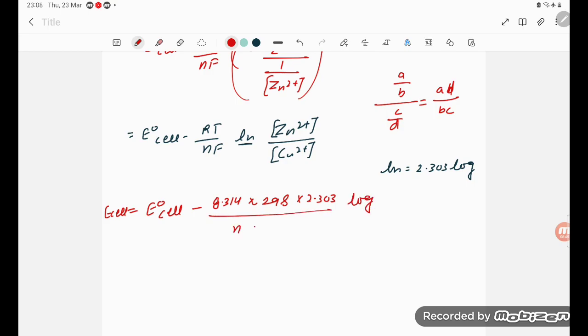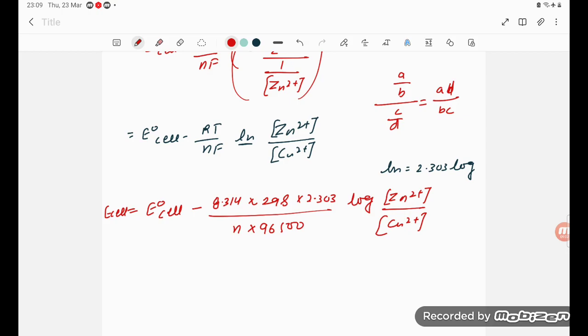F is equal to 96,500. Log here is Zn2+ divided by Cu2+. These many ions we have taken, student, right?